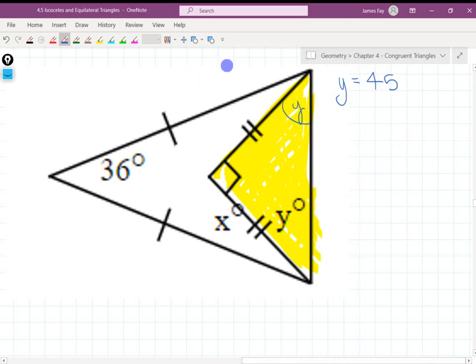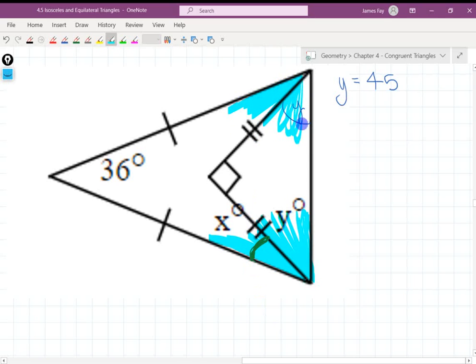Okay, so now x is talking about that angle there. Does that make sense, everybody? Okay. Now, you have the ability to determine that angle, because is that a base angle for the overall triangle?